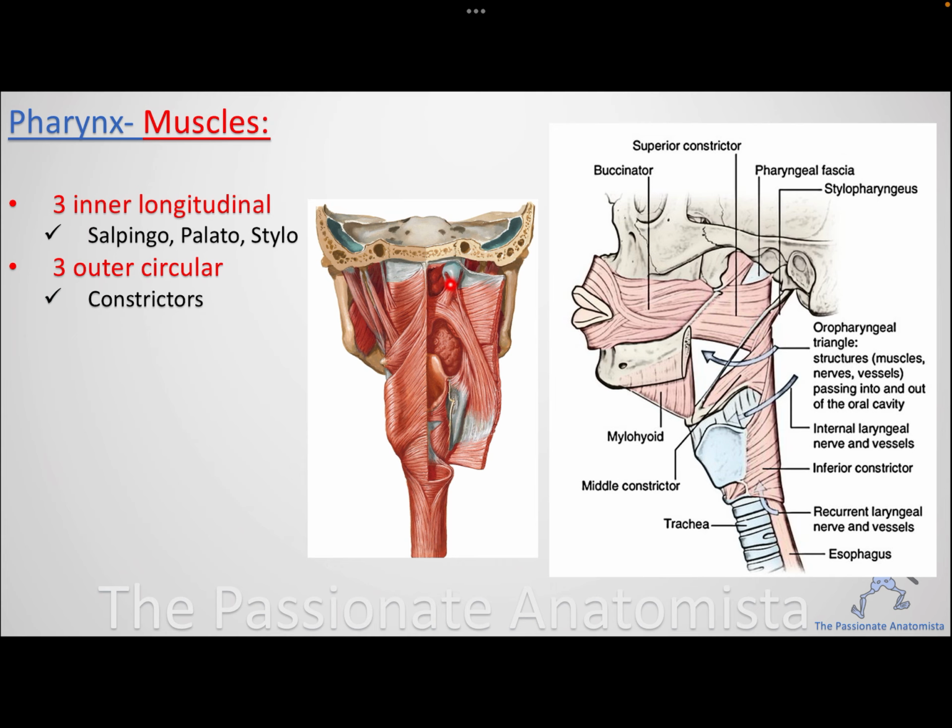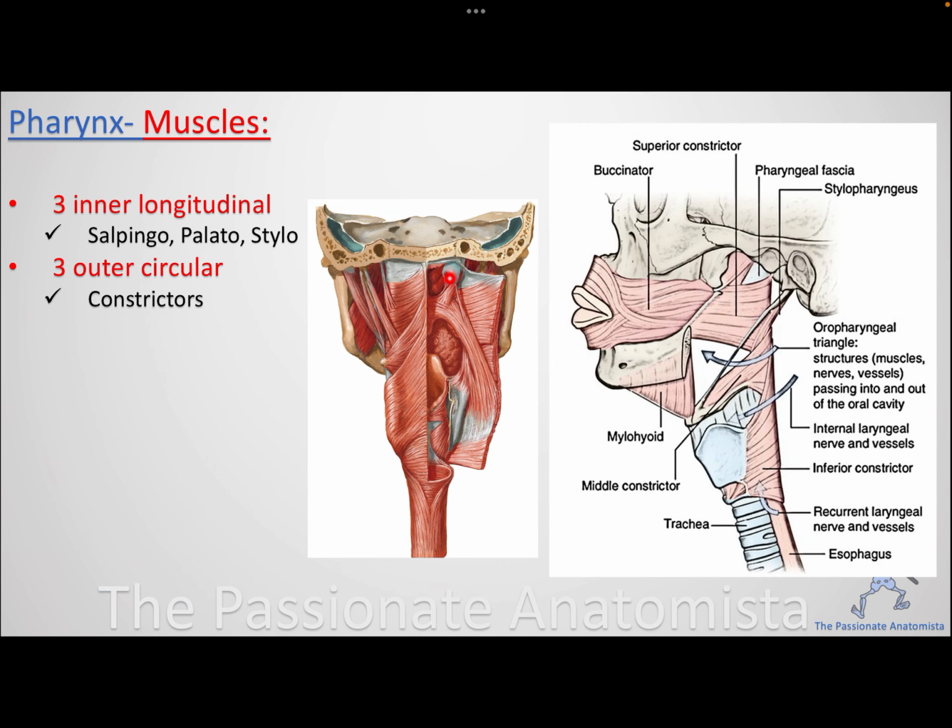So what are the three longitudinal muscles? One from the cartilaginous part of the auditory tube, one from the styloid process, and one from the soft palate. So what are these muscles? Let's try to say them as they go from that soldier to my structure.